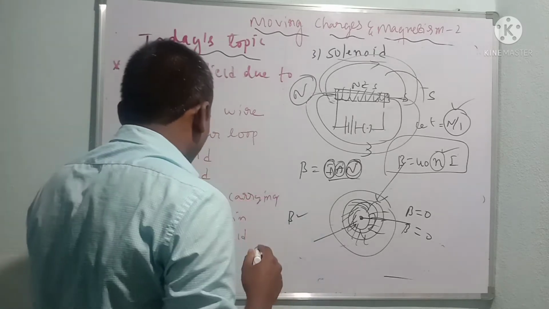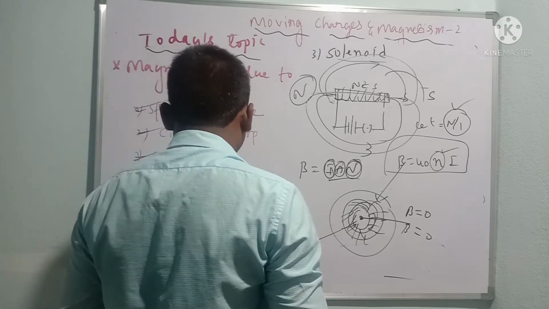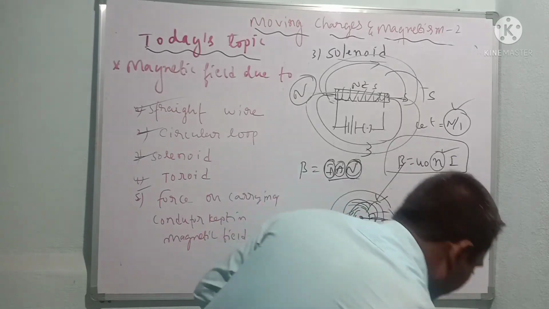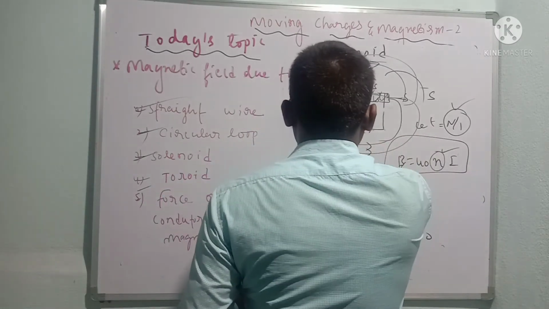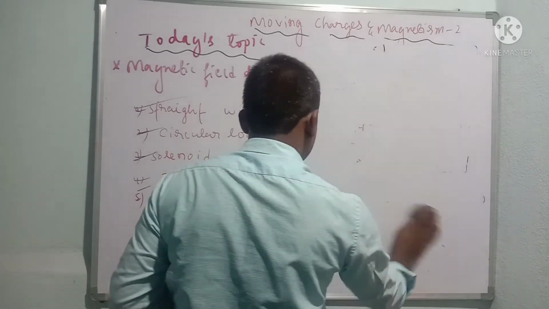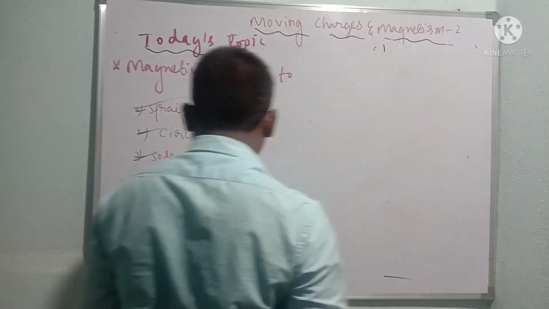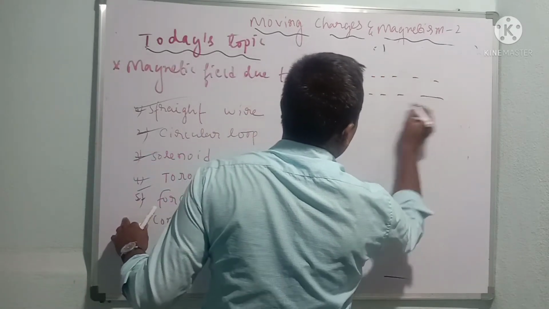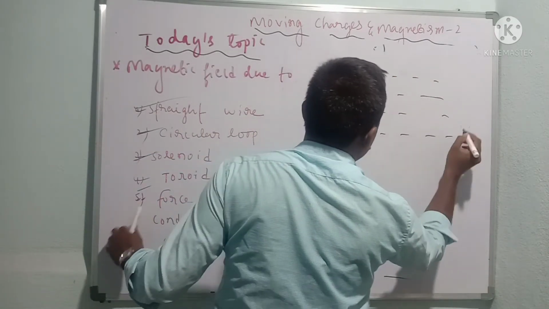Let us now, without wasting time, understand the force on a current carrying conductor kept in a magnetic field. Dear children, very important. Let us consider an aluminum piece of wire, kept in a uniform magnetic field.